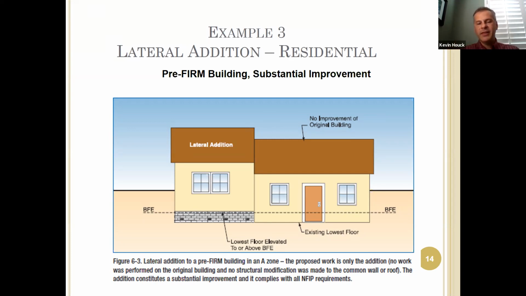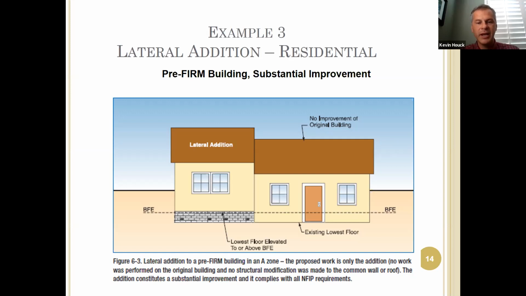So the key thing here is that there's no structural change made to the common wall in between there, which means that let's say something were to happen to that lateral addition and make it non-functional, the original building is still a structurally sound and stable structure on its own.